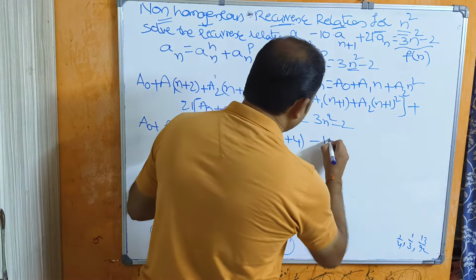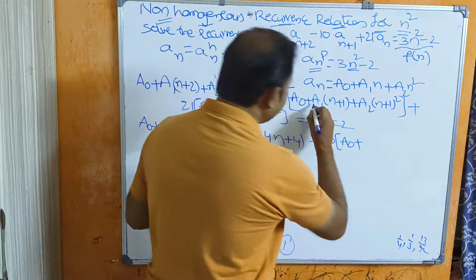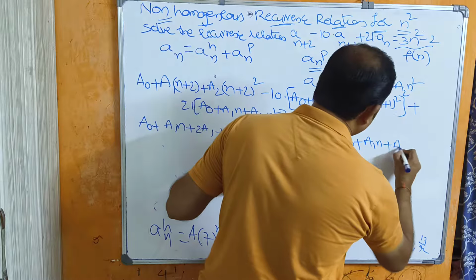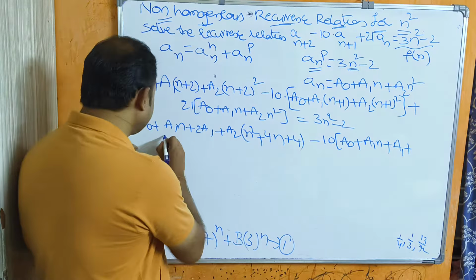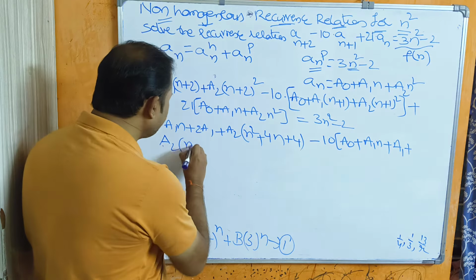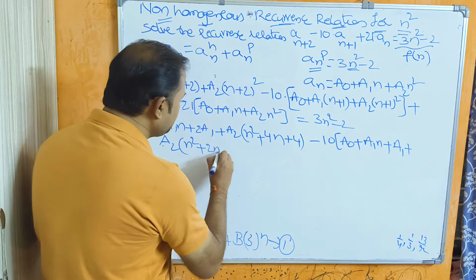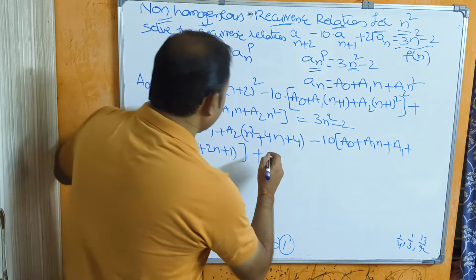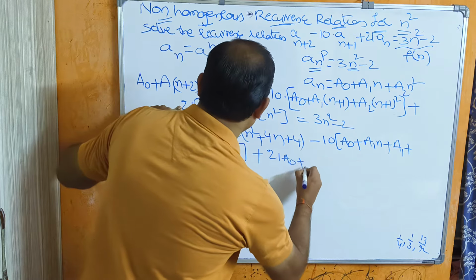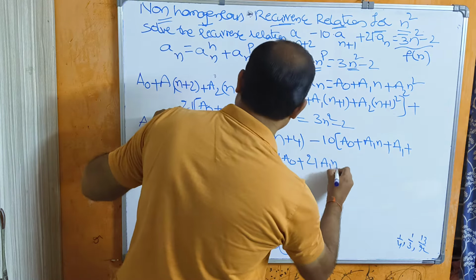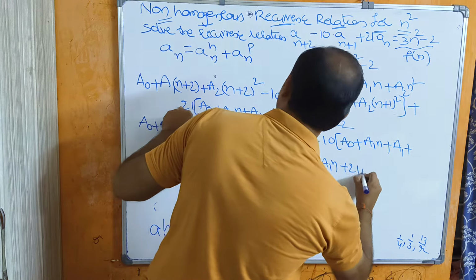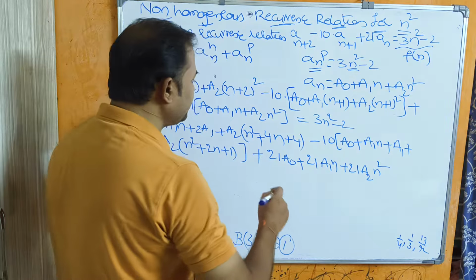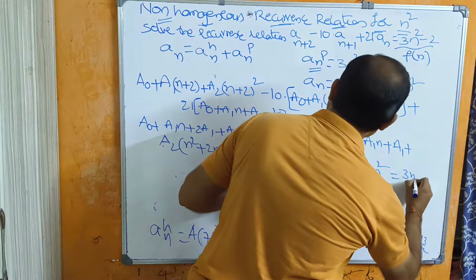Minus 10 into a naught plus, we can expand this equation, a1 n plus a1 into 1 means a1, plus a2 into (n plus 1) whole square means n square plus 2n plus 1, plus 21 a naught plus 21 a1 n plus 21 a2 n square is equal to 3n square minus 2.